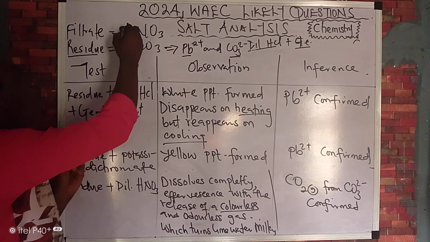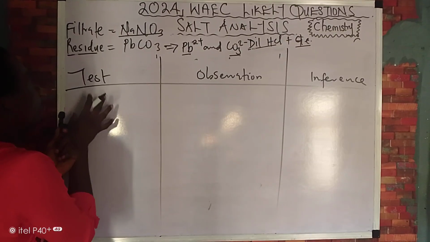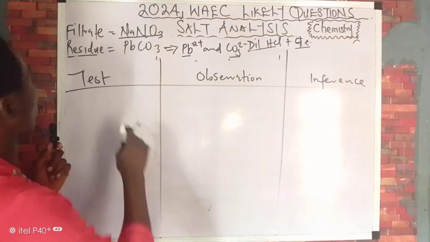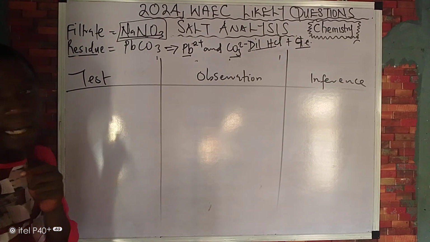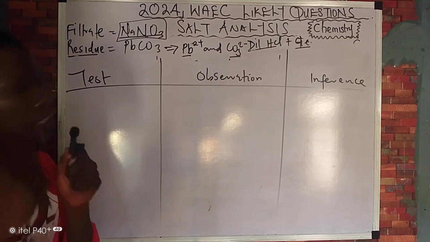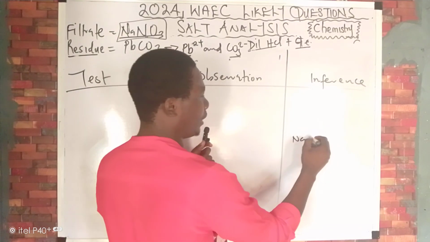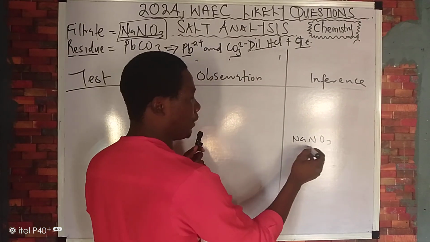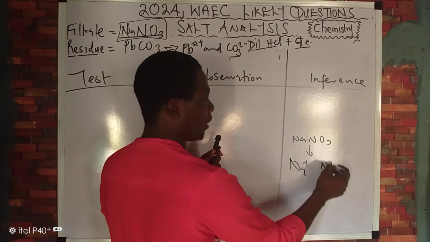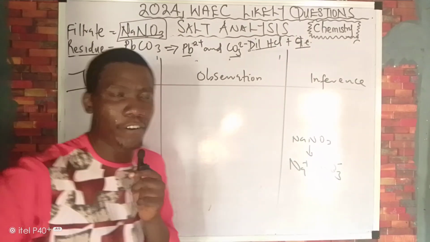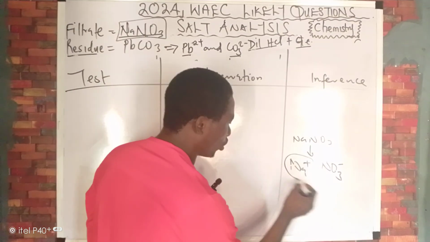So we go over to the filtrate, okay? The test on the filtrate. Since we are done testing the residue, class, please take note of this. If the filtrate is NaNO3, remember that if it ionizes, it gives you sodium ion and nitrate ion.